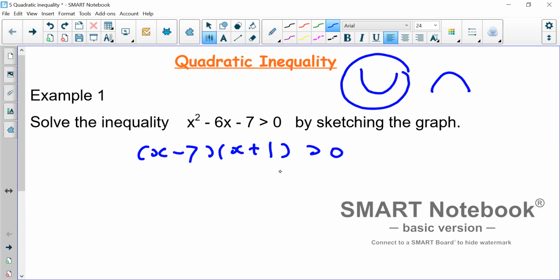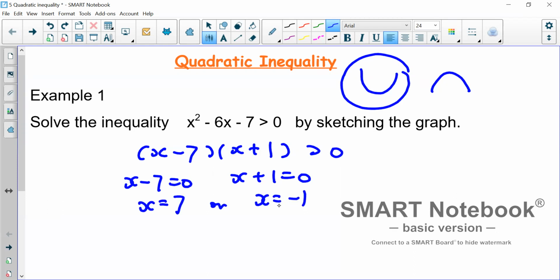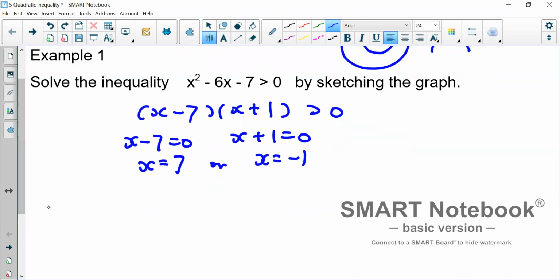If we find the roots first, we let x minus 7 equal to 0 and x plus 1 equal to 0. From that, we could solve to get x equals 7 or x equals minus 1. Those will be the two roots of this equation.